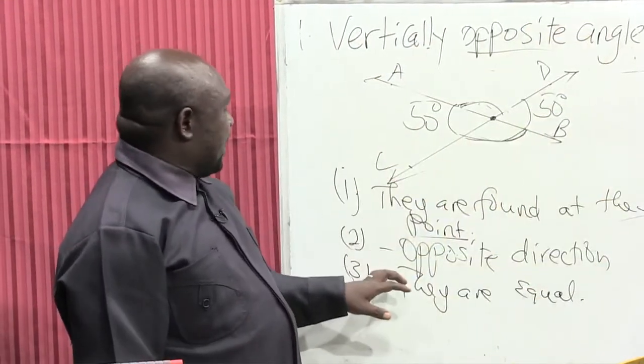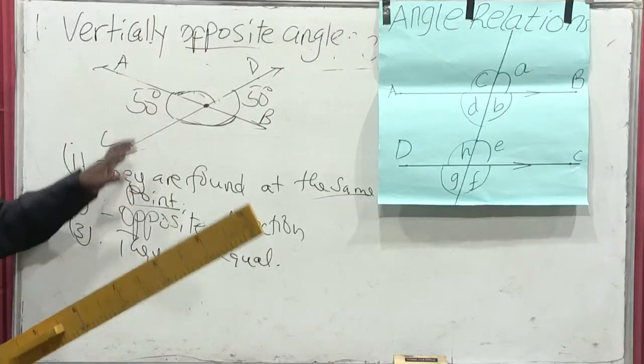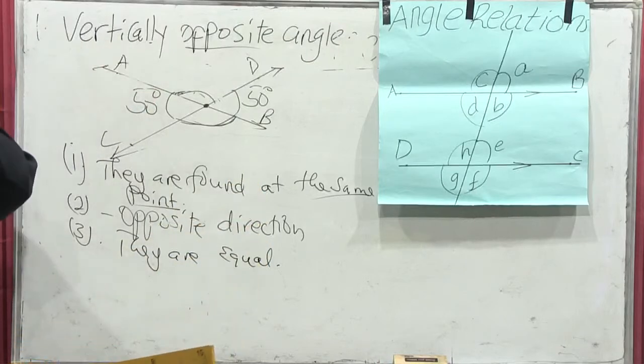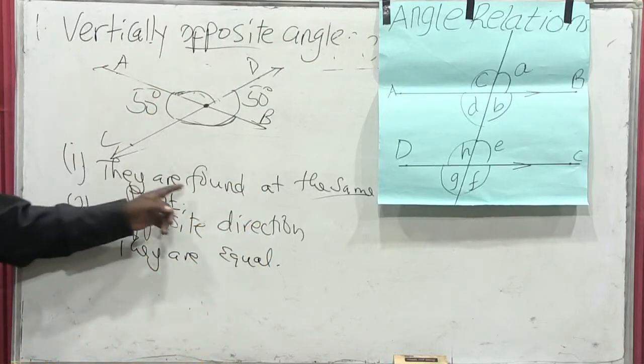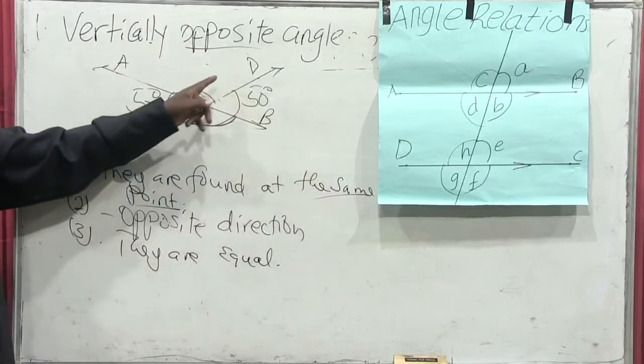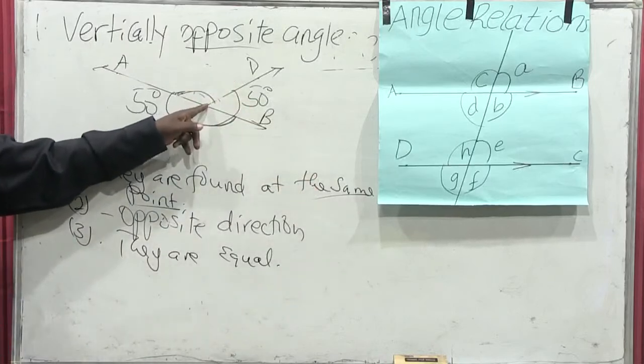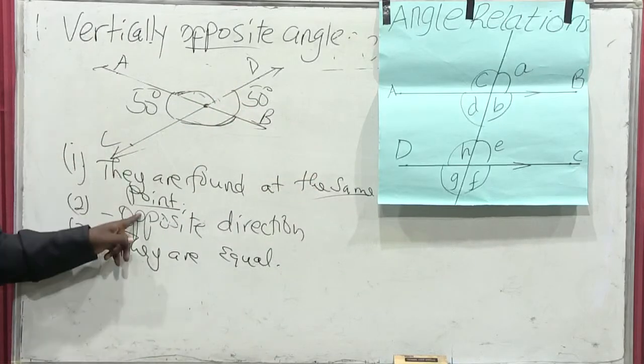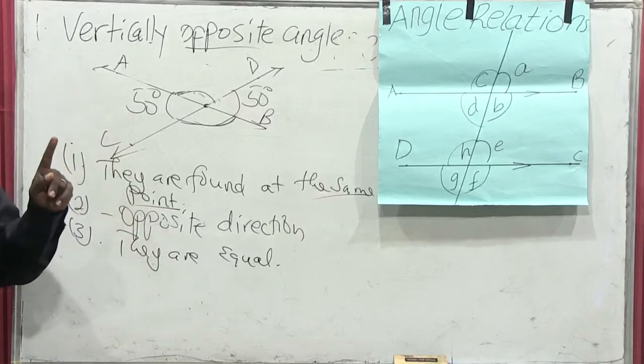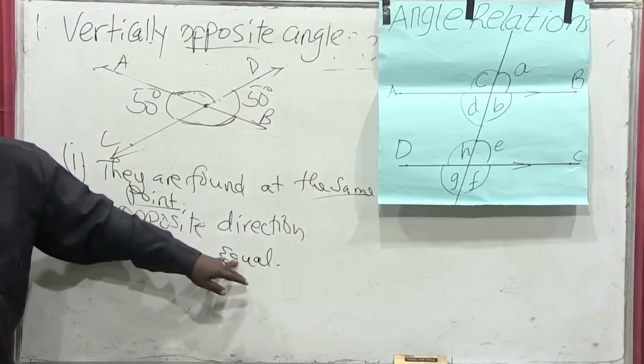These are three features of vertically opposite angles. They are at the same point, opposite direction, and they are equal.